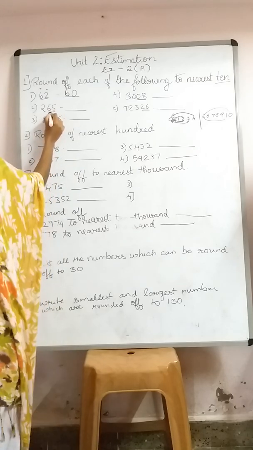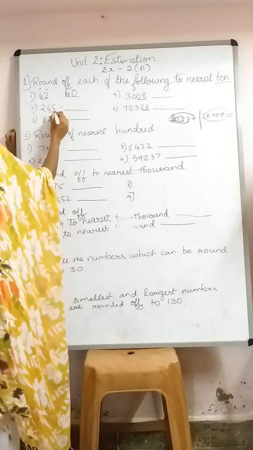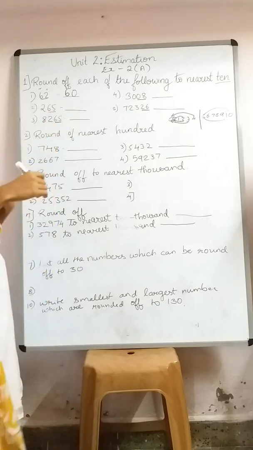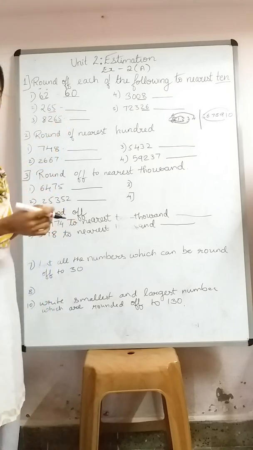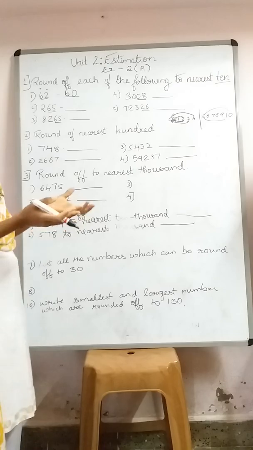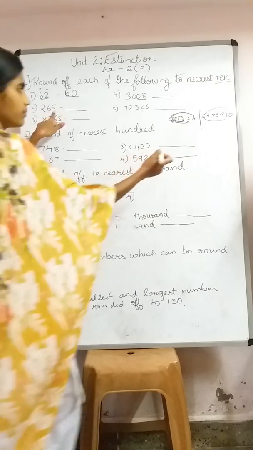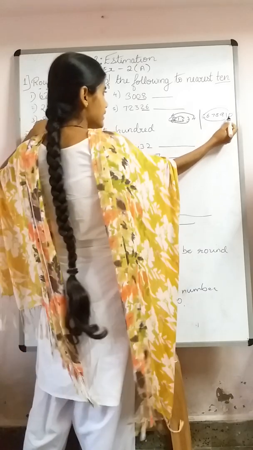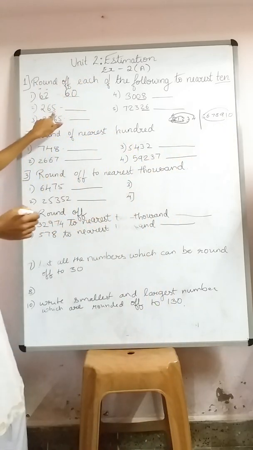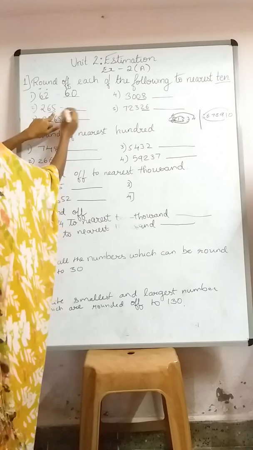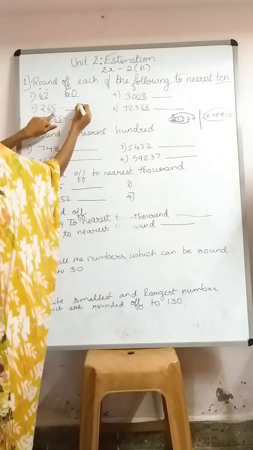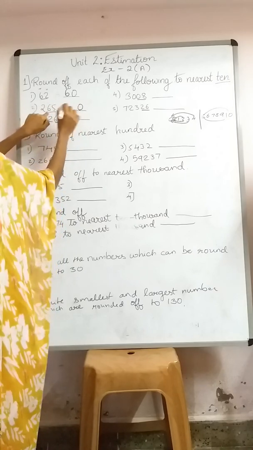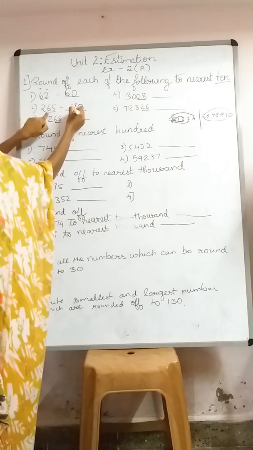Next we have 265. Which number is here in the ones place? 5. 5 is 5 or more. What is the nearest number of 5? We can say 10 is the nearest number of 5. So in the ones place put 0, and add 1 to 6, that is 7.